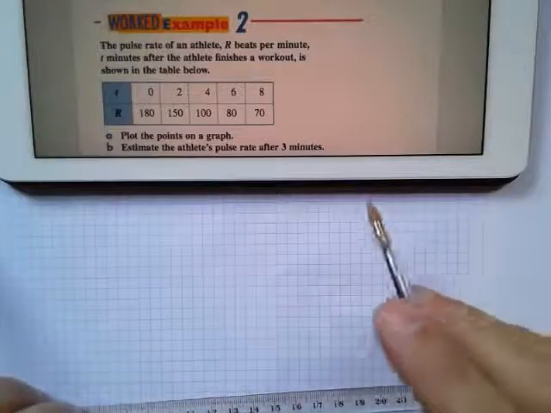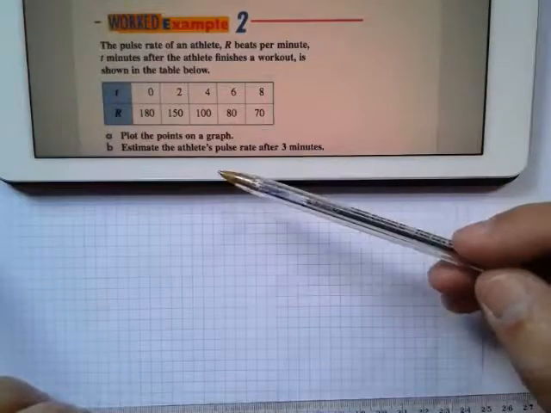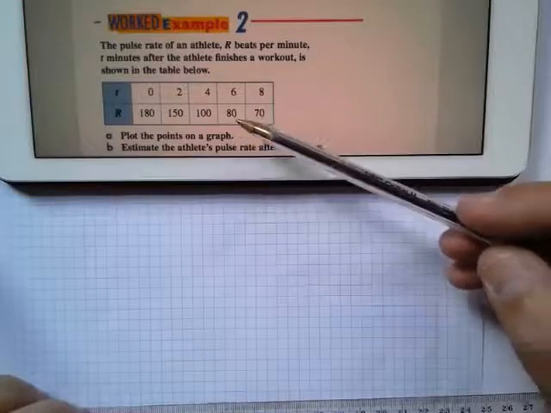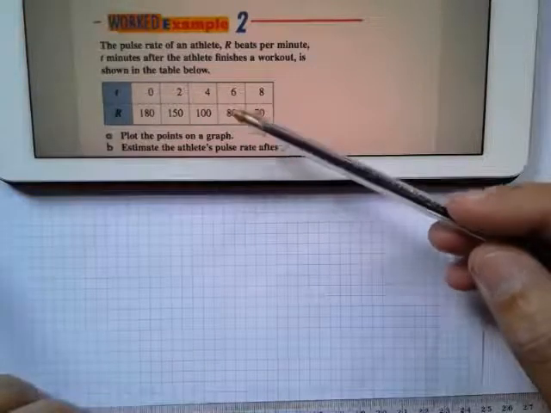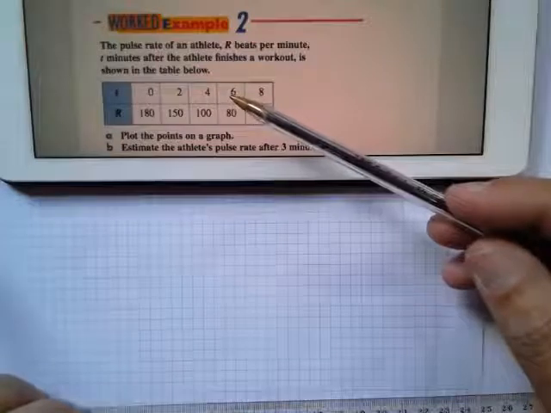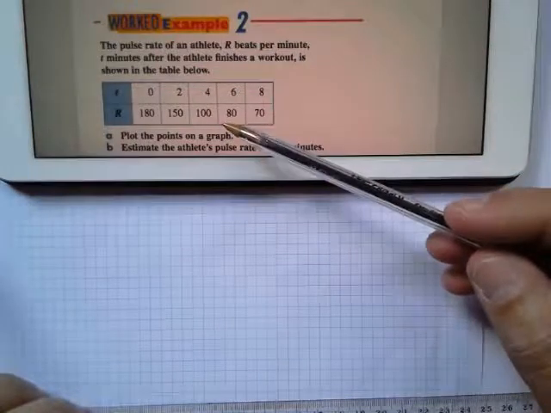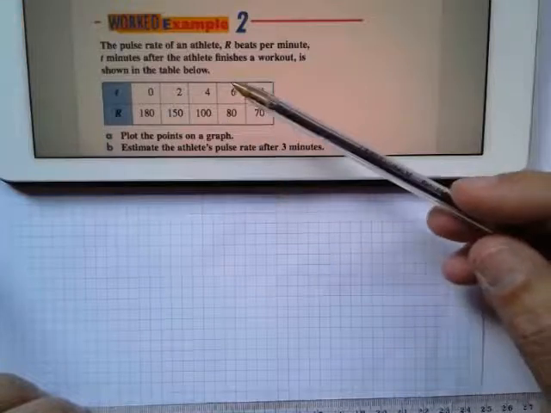So the first thing I have to work out is which one of these is dependent and which one is independent. If I have beats per minute and time, the time does not depend on how many heartbeats there are. The number of heartbeats depends on how long you have worked out.